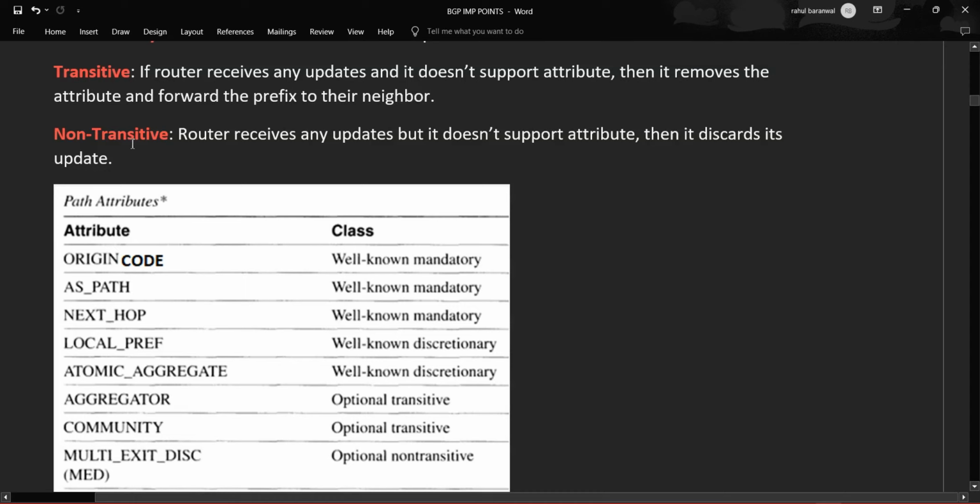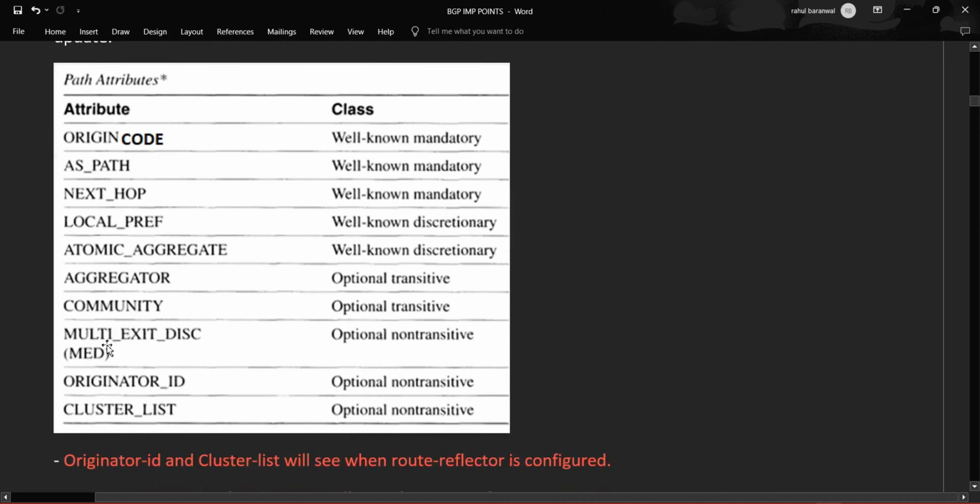And in non-transitive, if a router receives any updates but it does not support the attribute, then it discards the update. Here we can see the non-transitive attributes: MED, multi-exit originator ID, and cluster list. These three attributes come under optional non-transitive.